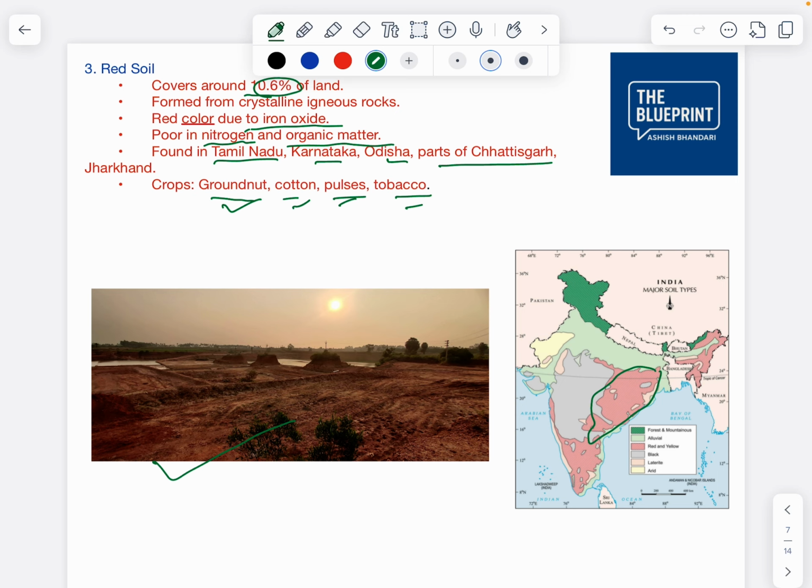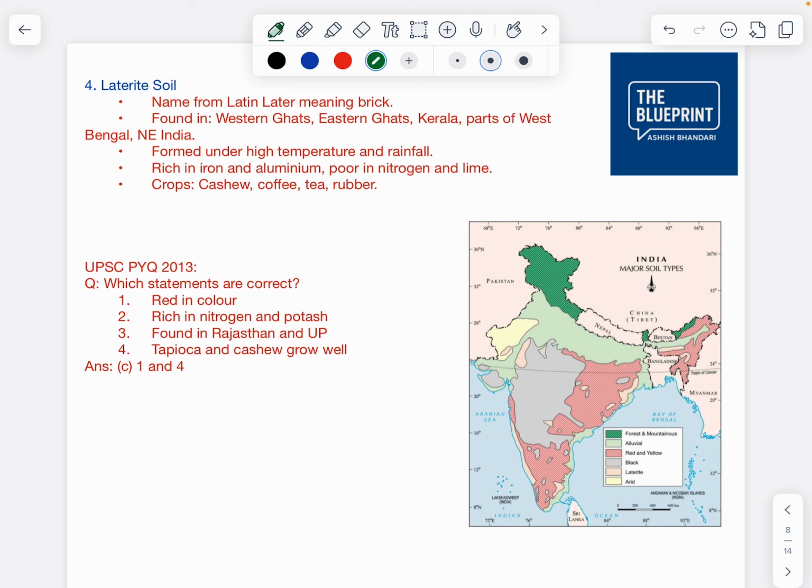So now we go to the tropics. Hello, laterite soil. So the name comes from 'later', which means brick. It hardens when exposed to air. So yes, you can literally build houses with it, right?